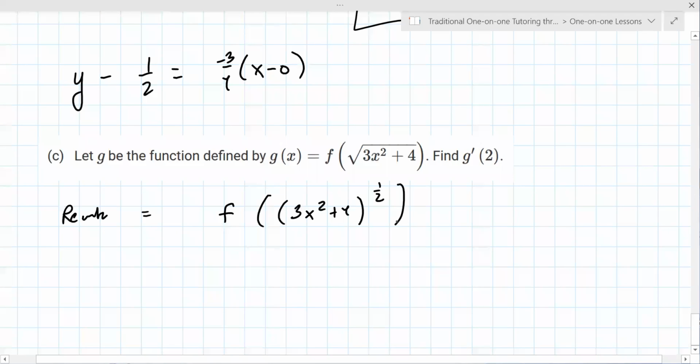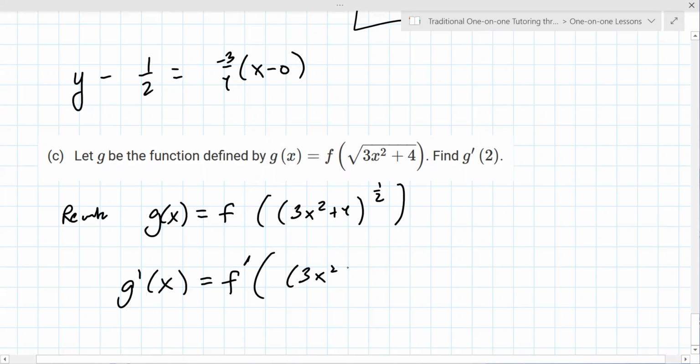The reason is because you're going to take the derivative of this g of x. So F prime of 1/2, you got to keep it first: 3x squared plus 4 to the 1/2.